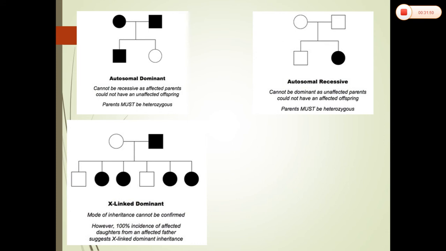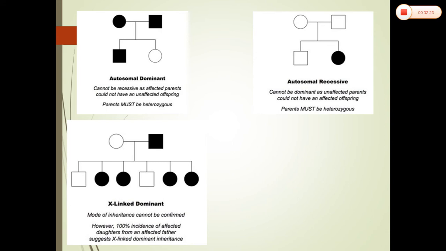The mode of inheritance cannot be confirmed. But if you see, the father who is affected transferred the gene to the daughters. Here the mother is normal. The male progeny, or the son, always receives the X chromosome from the mother. The daughter receives one X chromosome from the mother and one from the father.